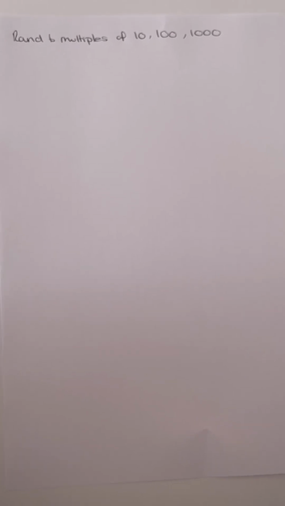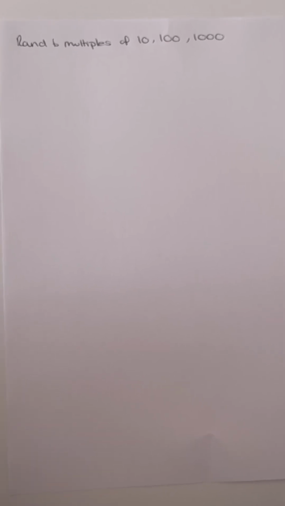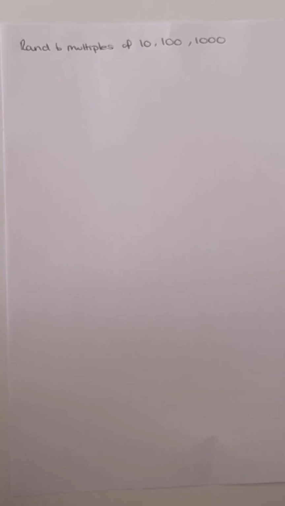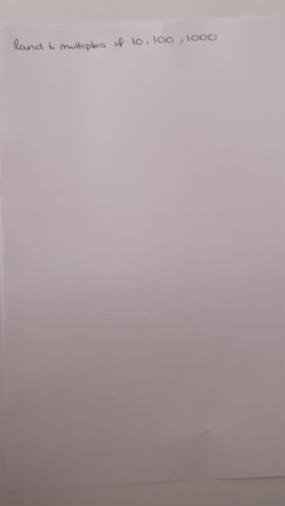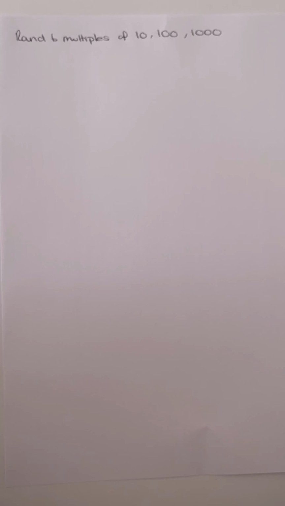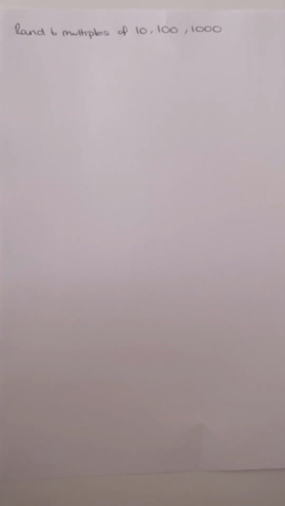So the first thing to remember is that when we're estimating, we're just rounding numbers to multiples. You could round to multiples of 10, multiples of 100, multiples of 1,000. When we do this, it makes it easier to do the calculation in your head without needing to calculate the exact figure.